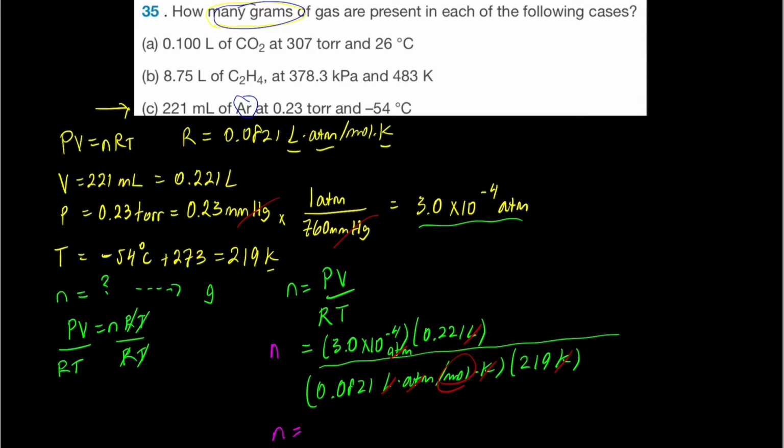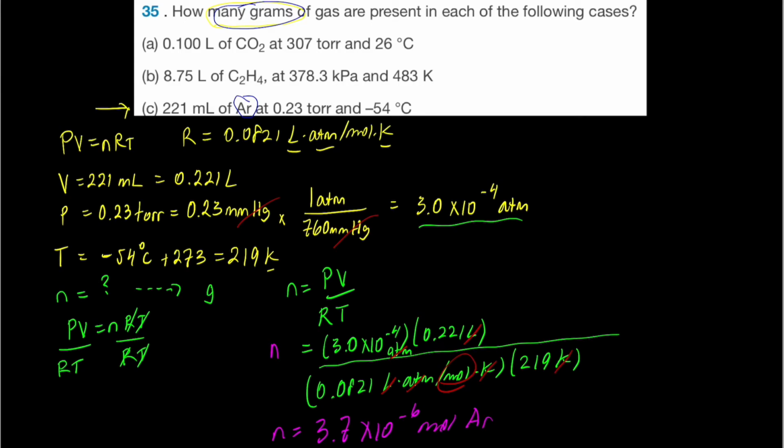Let's grab our calculator. And I'm going to do this a couple times just to double check my own work to make sure that I'm getting the same answer twice. It's always a good idea. So the moles here, I'm going to round this off to 2 sig figs, 3.7 times 10 to the minus 6.